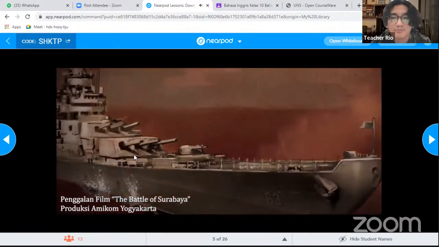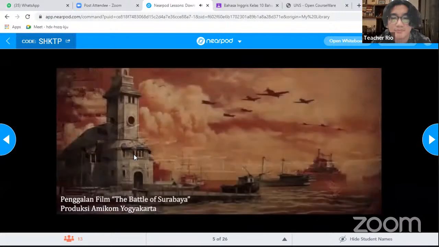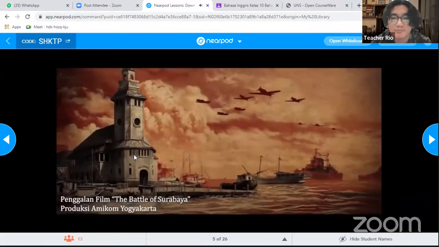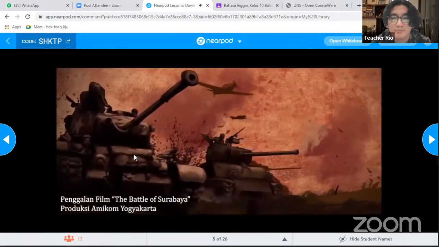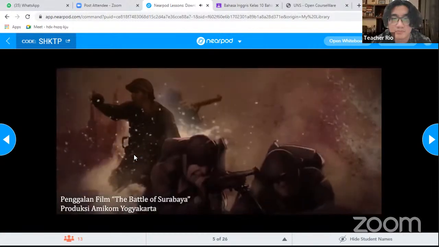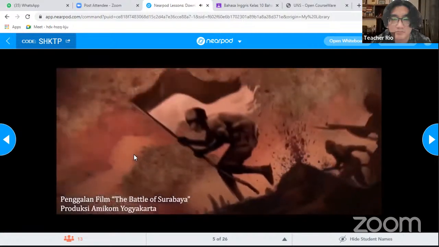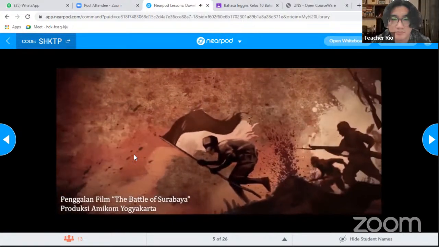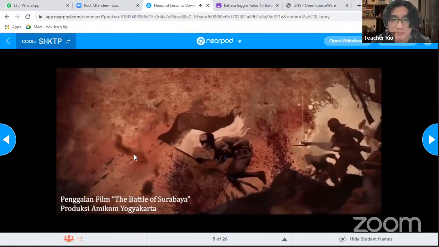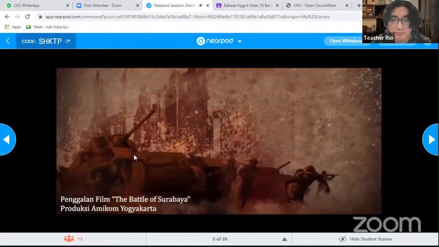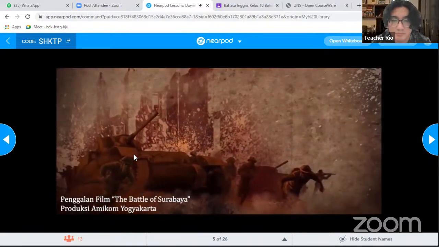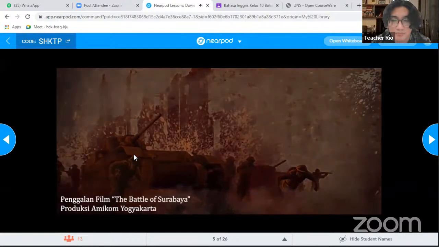The arrival of the Dutch in the AFNEI and NICA in Surabaya triggered the conflict. Tens of thousands of Republican militia and armies faced thousands of fully armed Allied forces. This incident is known as the Battle of November 10th, or the Battle of Surabaya.